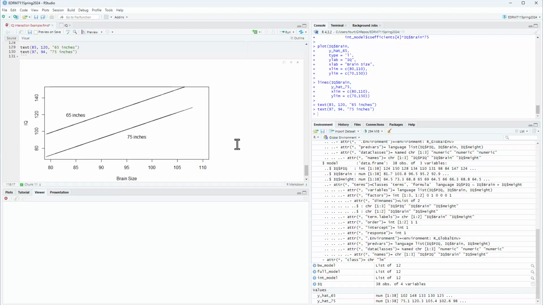And so when you see those parallel lines, that is the same slope, which means the same effect of brain size on IQ no matter what the height is. When you see parallel lines like this, when there is interaction in your model, you know that, hey, I let it vary, I let it see if there was interaction, and nothing showed up.